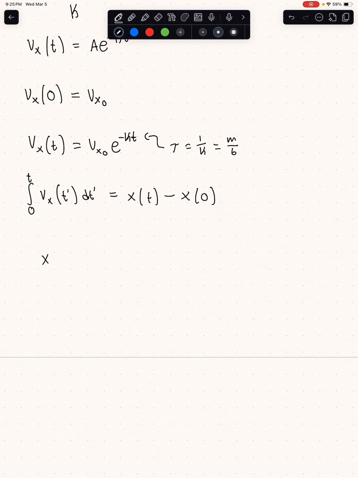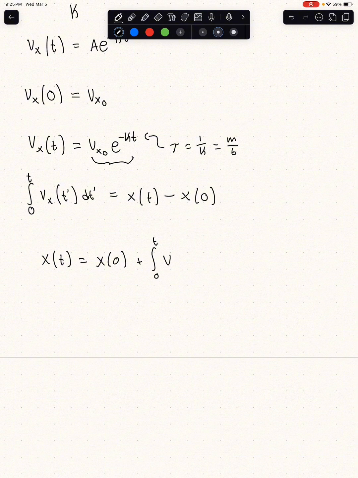We will have an equation for the position at some time. So that's going to be x naught, or x of 0, plus the integral from 0 to t. And here we're going to plug in vx of t, which is this stuff here.